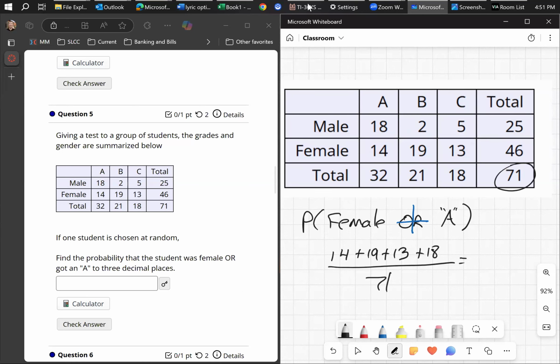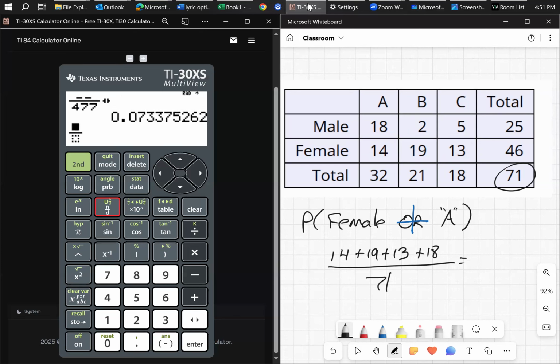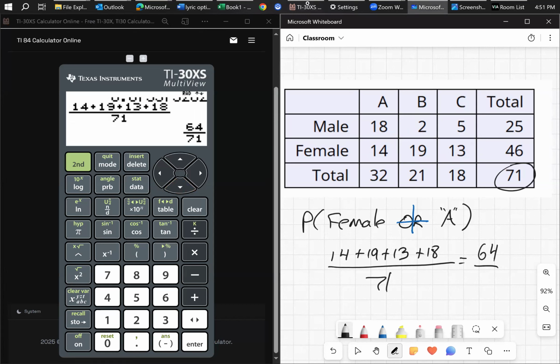And that makes this a pretty easy problem to do. Let's do a fraction button. This is so nice to have this calculator because you can just see that what you have on your calculator is what you wrote down, and you know you're going to get this problem right.